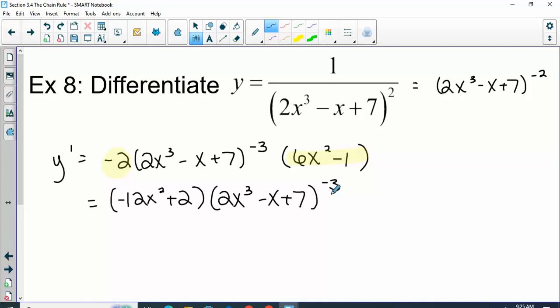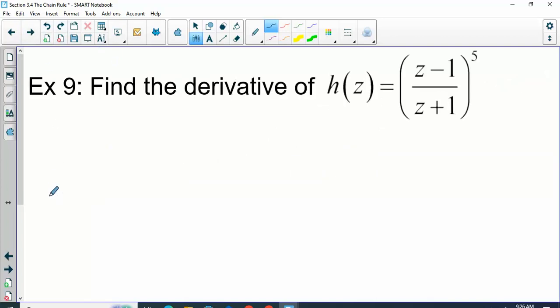Okay, let's try, see if I can get through. What would I have to do here? Okay. So we start with the derivative of the outside.